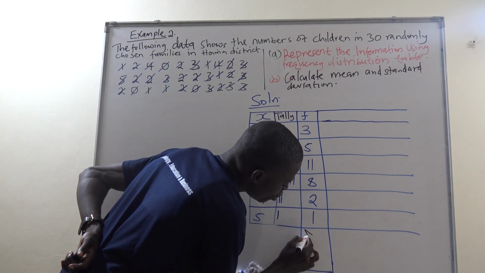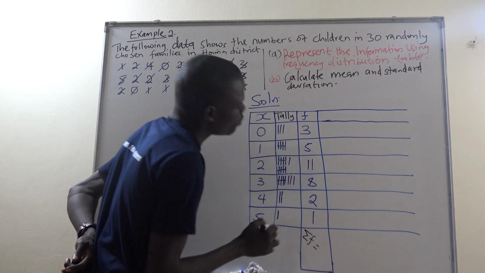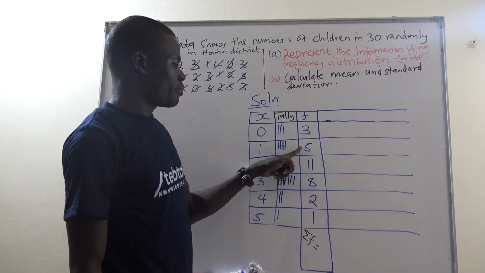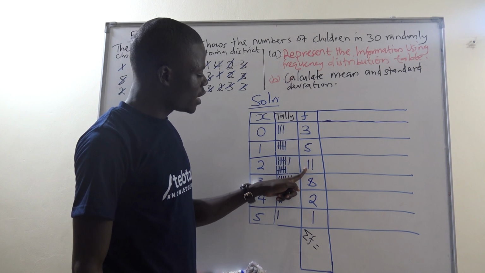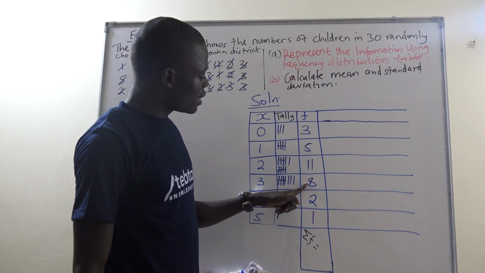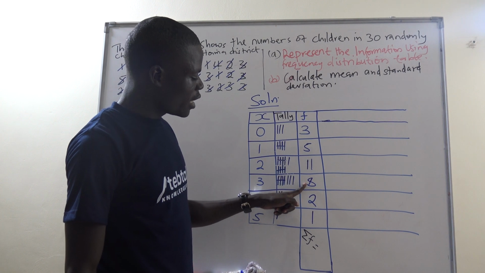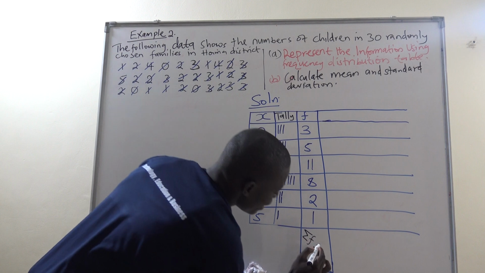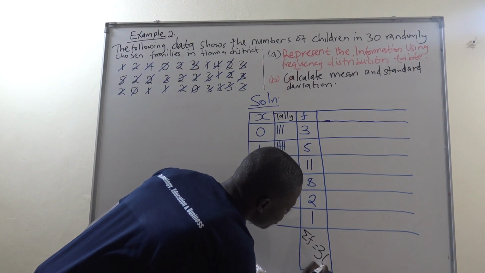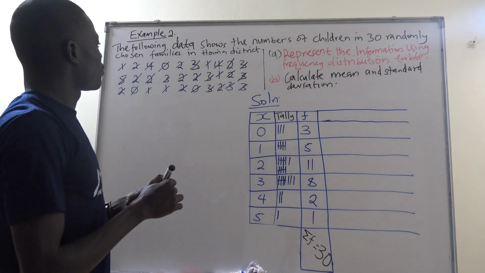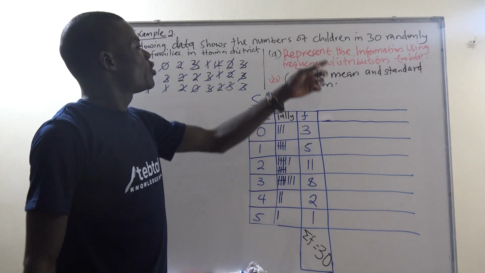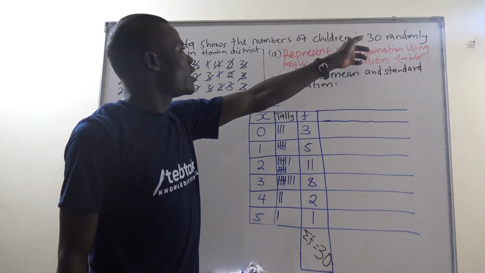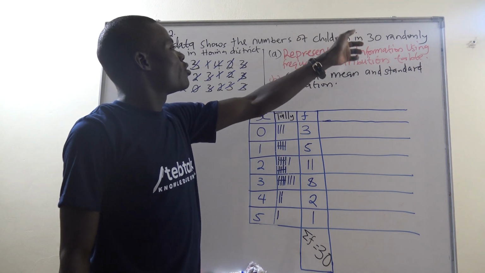So the summation of F equals to, we shall add 3 plus 5 we get 8, plus 11 we shall get 19, plus 8 we shall get 27, plus 2, we shall get 29. Then plus 1, we shall get 30.